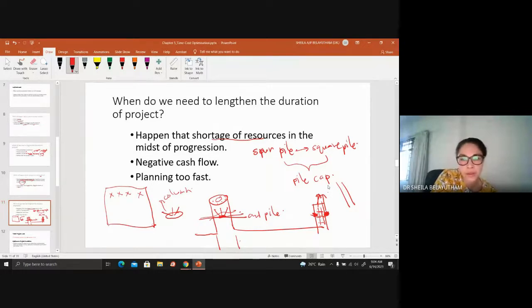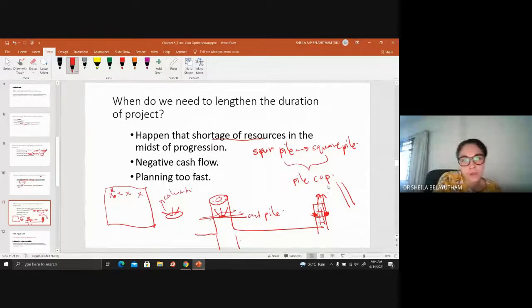So you need to create another point nearby, and sometimes you can create two points nearby. Maybe this one is broken, cannot use, this will be two. So it will disturb the initial pile plan.